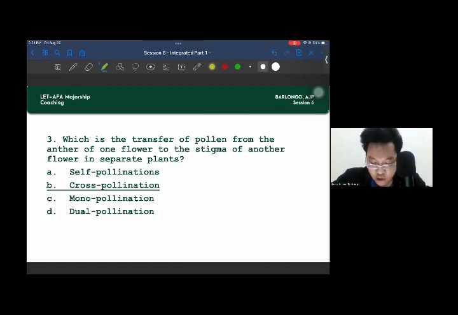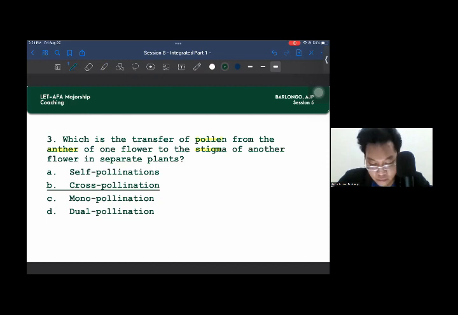So first we have yung pollen from the anther of one flower to the stigma of another flower in separate plants. So yung pollen natin, ito yung it contains the genetic material from the male flower. Kasi sa flower natin, meron ding male and female, right? That is why they are capable of reproduction.